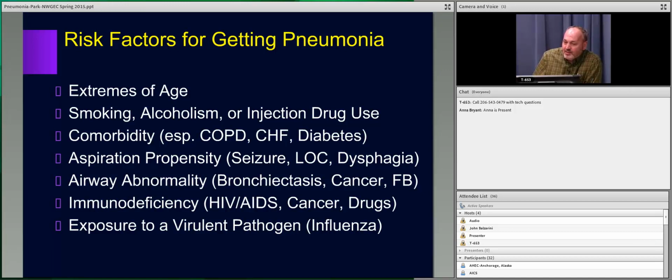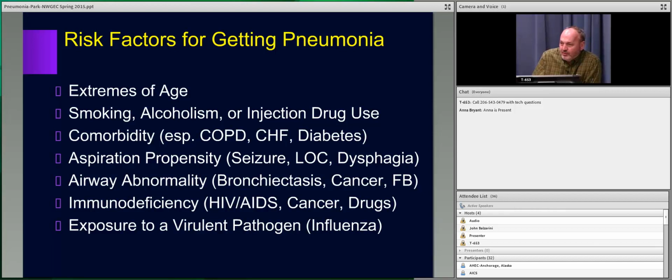Comorbidity, especially COPD, heart failure, and diabetes. If you have some propensity for aspiration, such as seizures, loss of consciousness, or dysphagia. If you have an airway abnormality, such as bronchiectasis, lung cancer, or a foreign body in your airway.